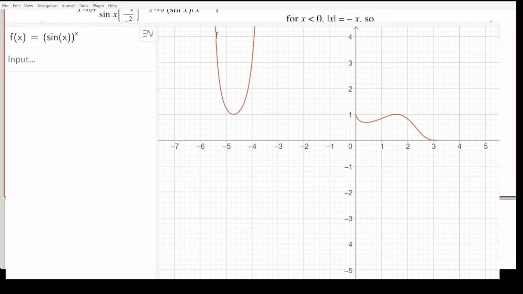If we differentiate this, what will happen? Minus of x square into minus sin x, plus cos x into 2x, whole by cos x, right? This is limit x tends to 0. ln y equals limit x tends to 0 of this entire thing.